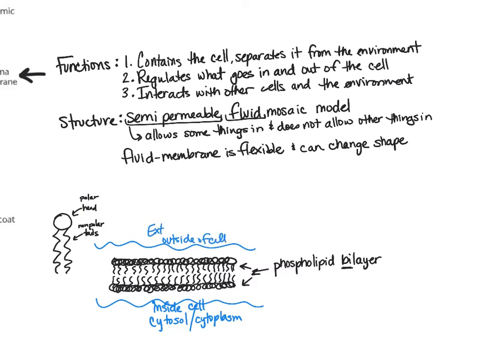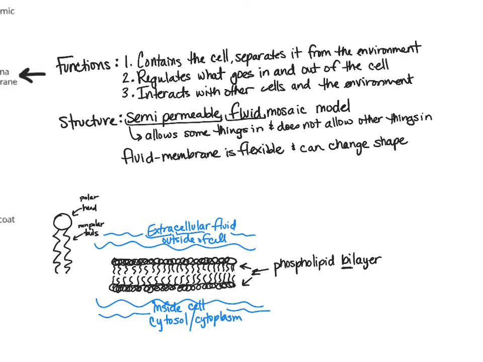We have extracellular fluid. Extra meaning outside of, and cellular, the cell. So we have the fluid inside of the cell, and we have the extracellular fluid, the fluid outside of the cell. So we have our phospholipid bilayer that is the main component of our plasma membrane.